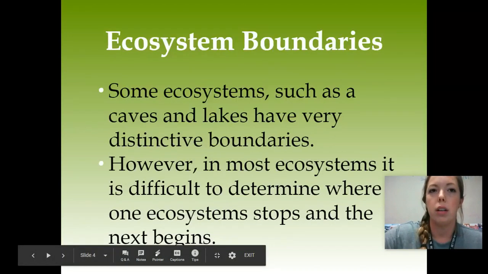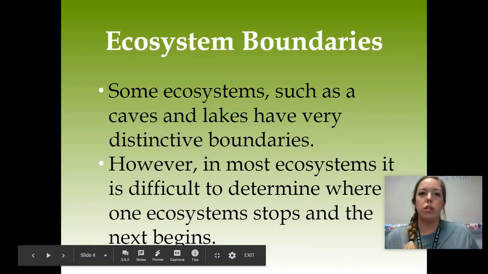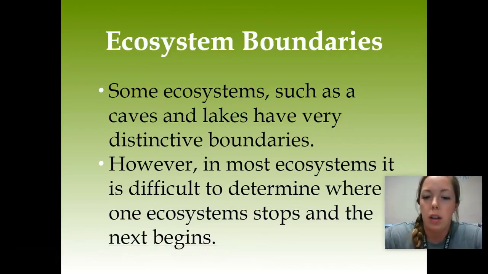Okay, let's go on. So let's talk about ecosystem boundaries, right? All of these abiotic and biotic components provide the boundaries that distinguish one ecosystem from another, okay? But there is a lot of gray space when we're talking about ecosystem boundaries. So some ecosystems have really well-defined boundaries, whereas others don't, right? So if we talk about a cave, for example, it's a very well-defined ecosystem.